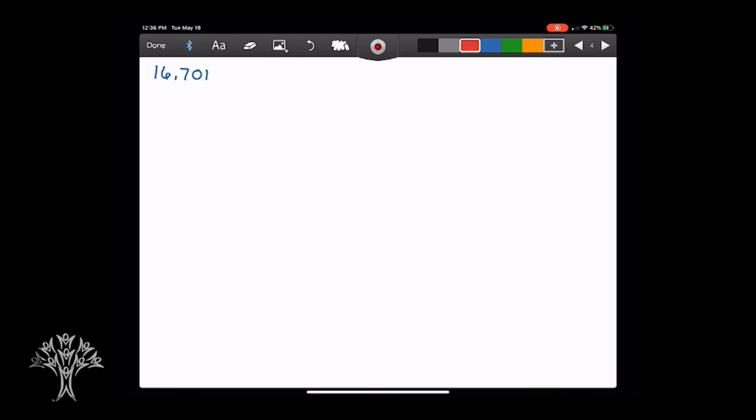Now we've got 16,701. Again, we're rounding to the nearest thousand. So find which place value is the thousands. If you said 6, you're correct. We've got 6 thousands. We're going to draw our vertical number line.